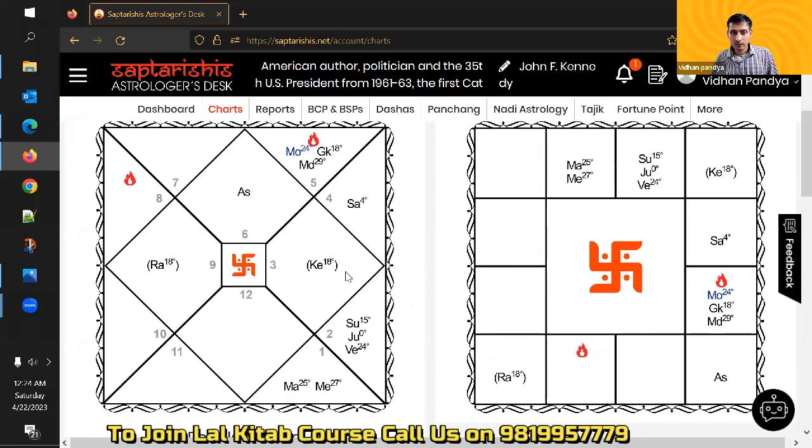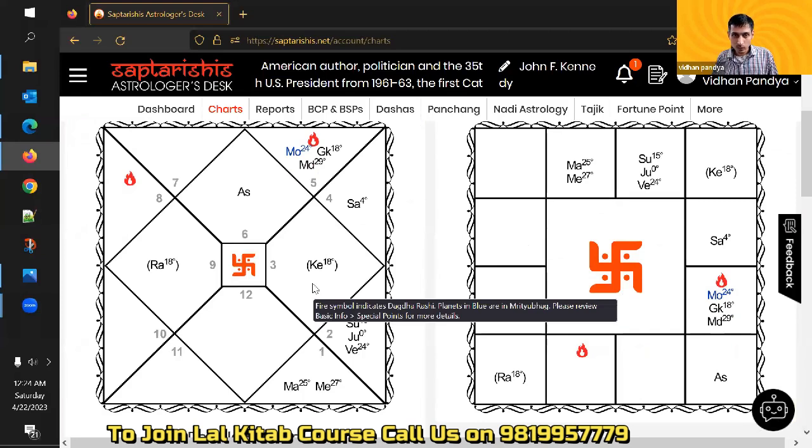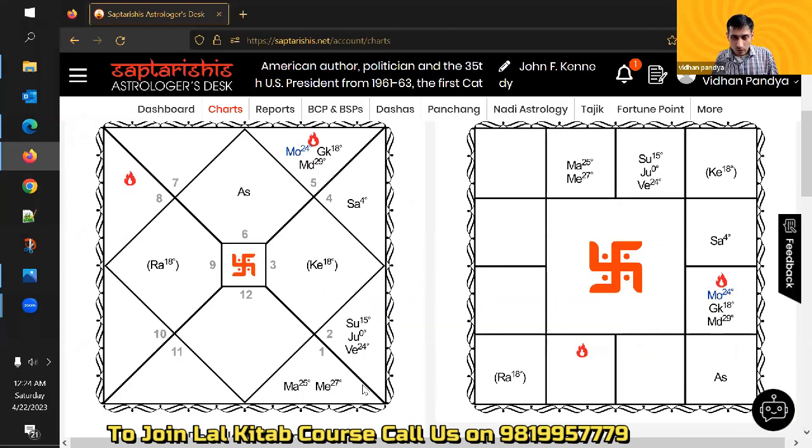So you have Ketu in the 10th house. And then the dispositor of Ketu is Mercury. So Ketu is going to behave like Mercury. And Mercury is in the 8th house. The 10th house is the house of father.